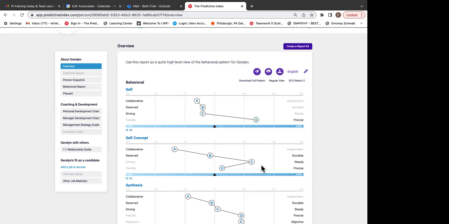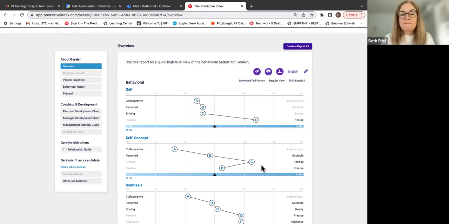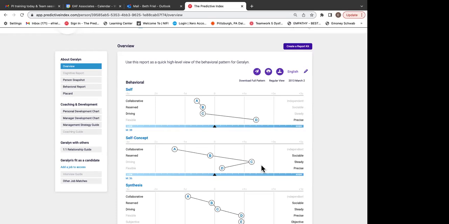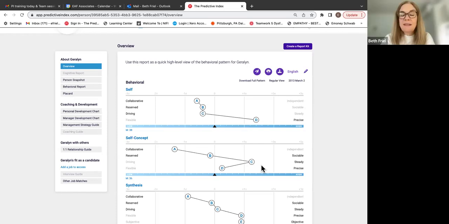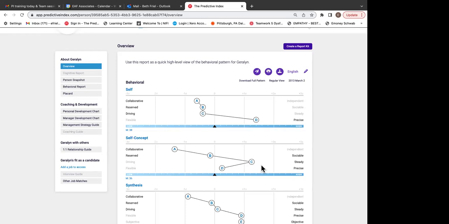Sure. I think I'm hearing that the behavioral report is built off of the self, and the relation report is built off of the self. And everything that you talked about with the factor combination is built off of the self.